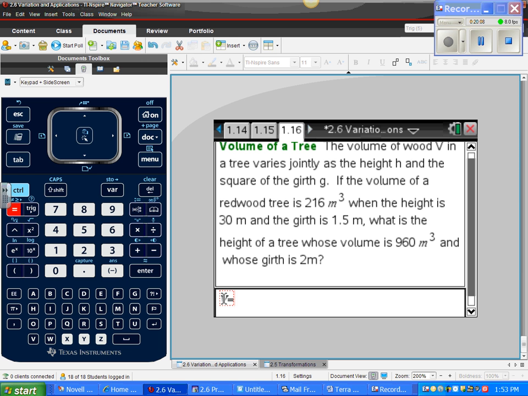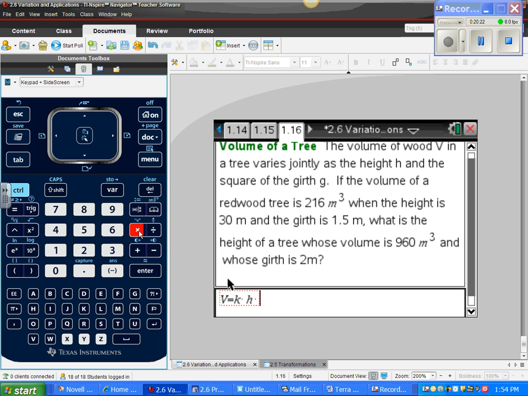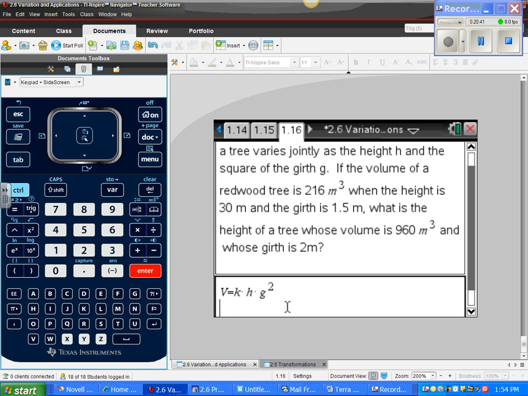So volume, we always say, is V. That's going to equal my constant, we always have to have that, times the height h, times the girth of the tree, but we want that squared. It says the volume varies jointly as the height and the square of the girth. Girth means how far it is around, if you didn't know.